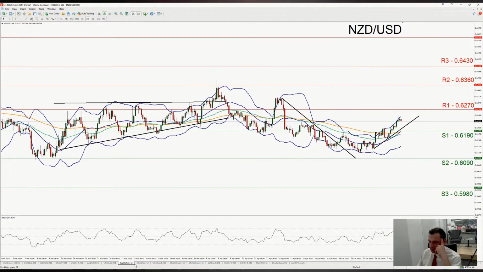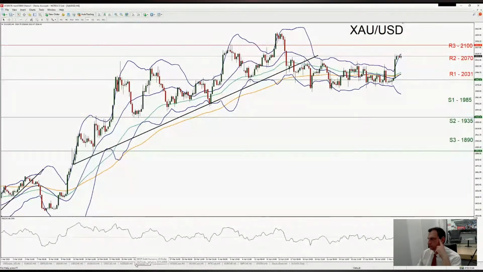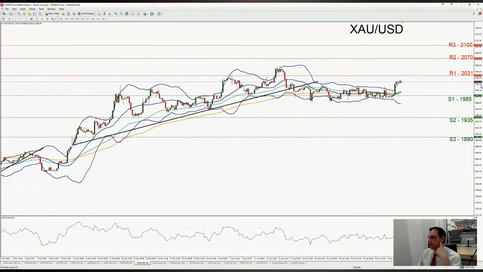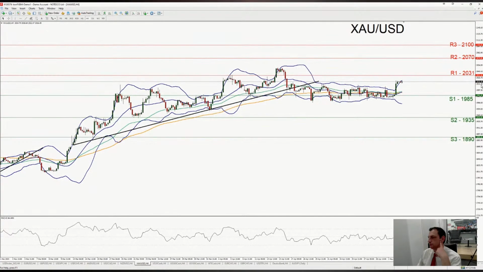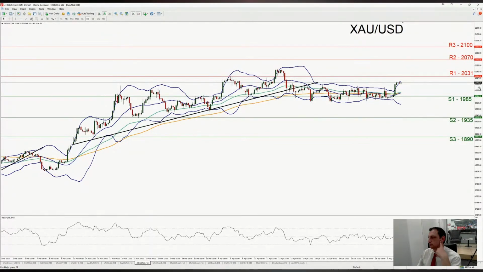On the other hand, let's have a look at gold. Gold's price jumped. And I would be readjusting the resistance support lines here.